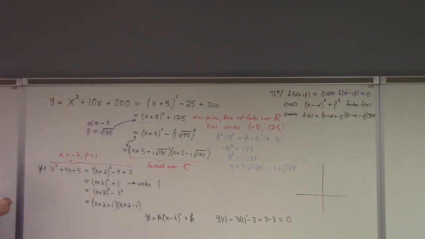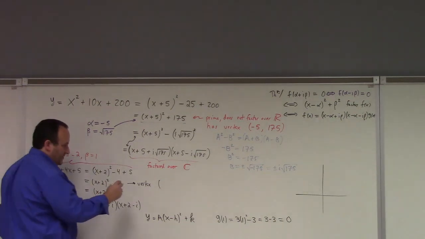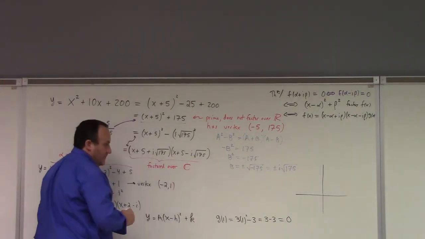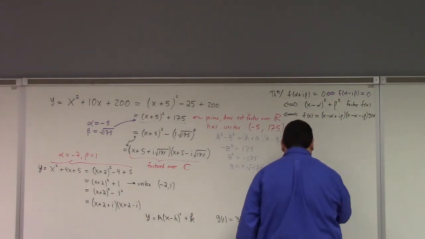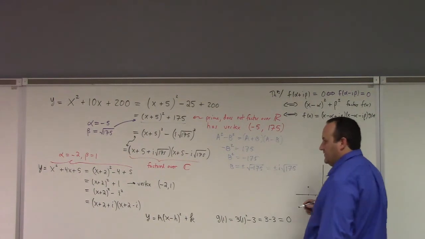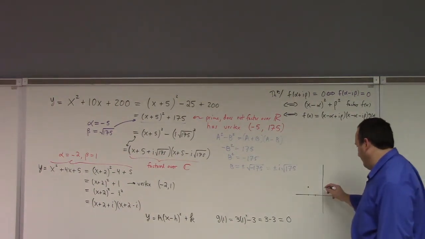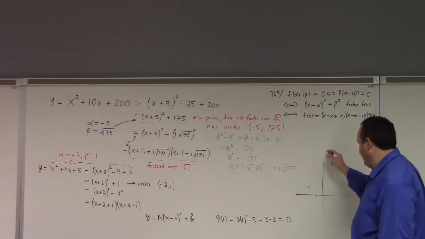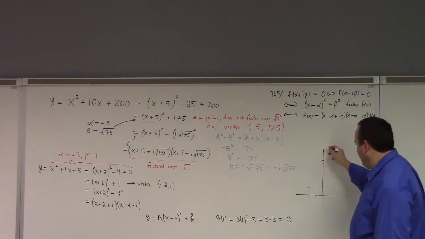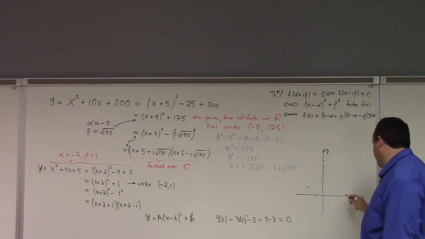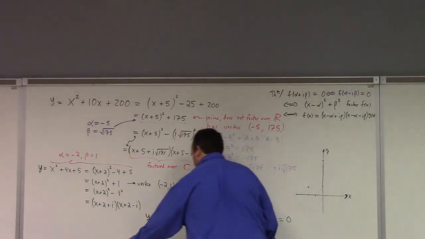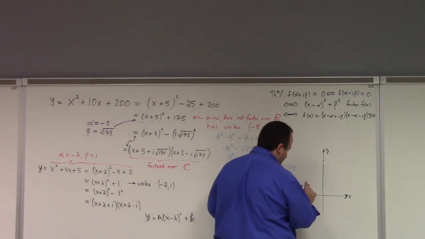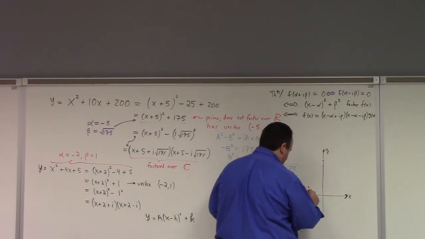The vertex is at -2, 1. So about here. And where's the y-intercept for 2? Remember, the graph has to be symmetric about the vertex.